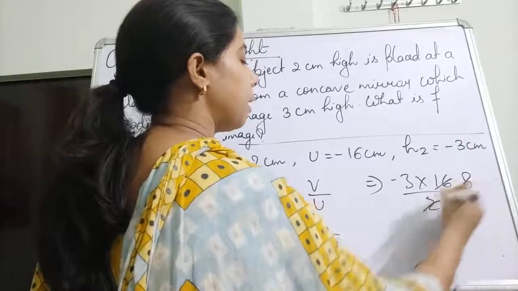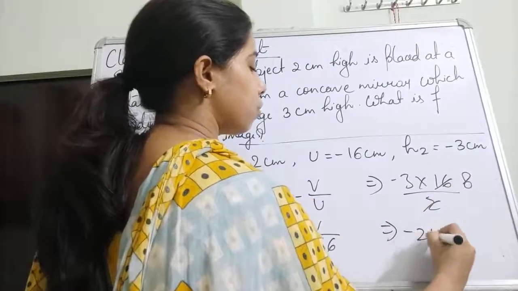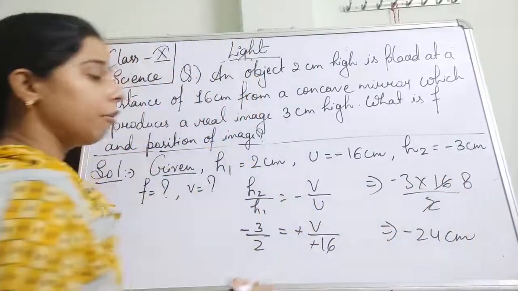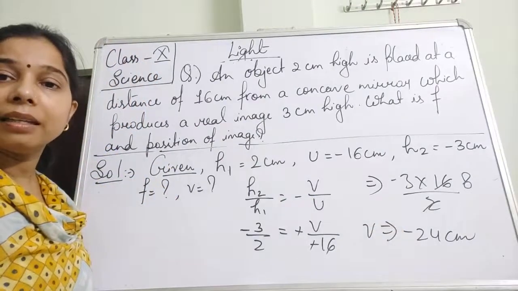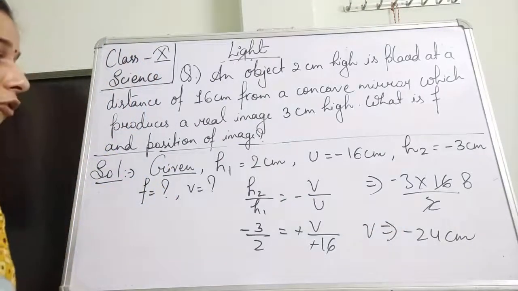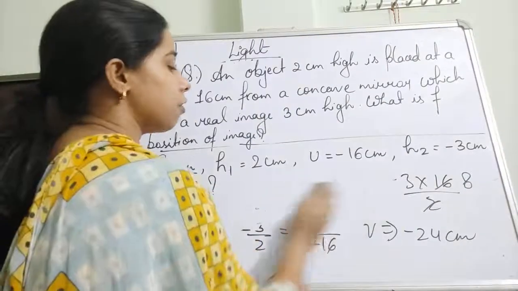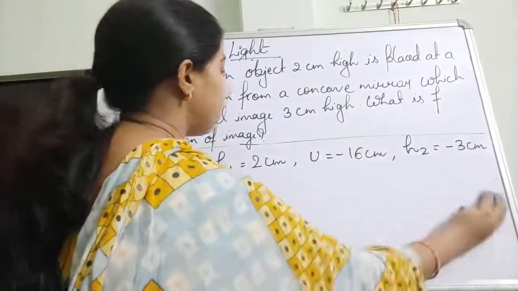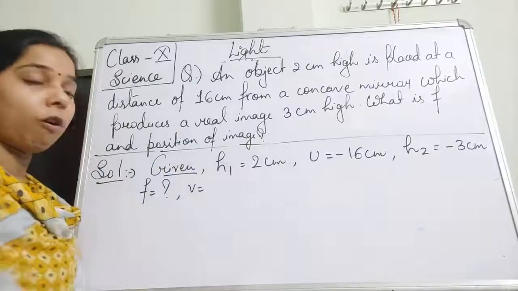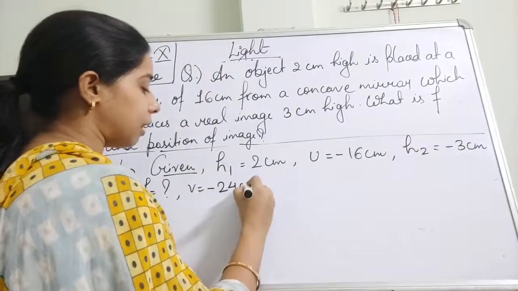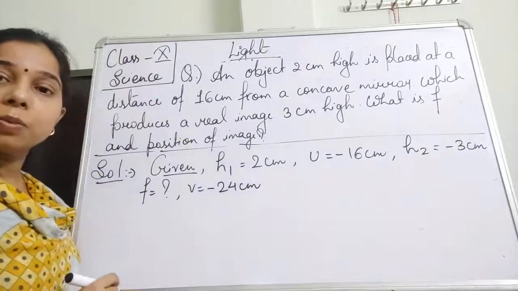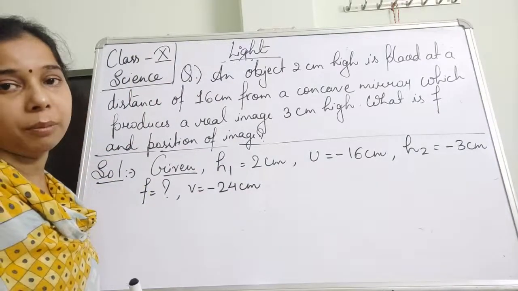This becomes 8 into 3, that is equal to 24. So the value of v that we get here is minus 24 centimeter. So with the help of this magnification value, students, we get the image distance, and that is equal to minus 24 centimeter.